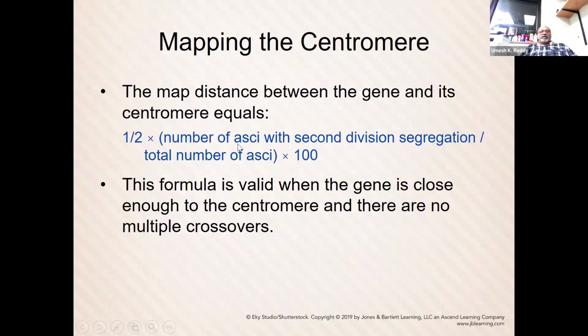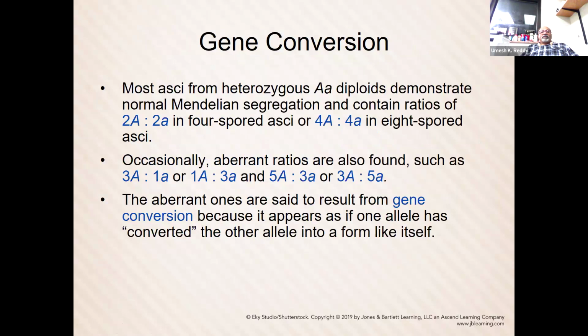This gives the number of asci with second division segregation to the total number of asci times 100. This is much more precise mapping. This gives how the meiosis II is arranged between the centromere and the gene. So that is very profound.